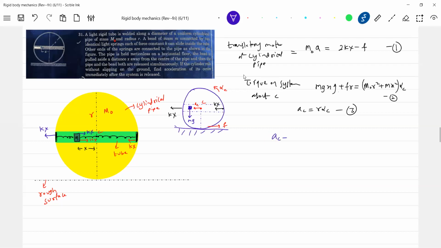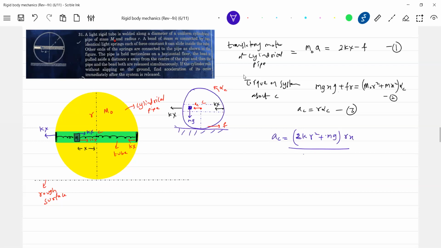Check once. AC is equal to 2K, R square plus mg R into X. Dimensionally, it will not be that, sir.